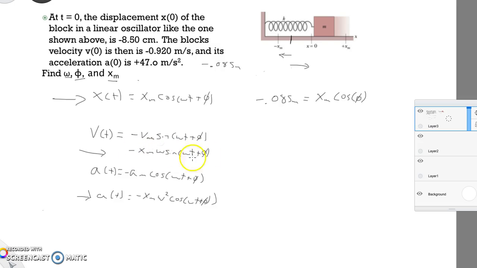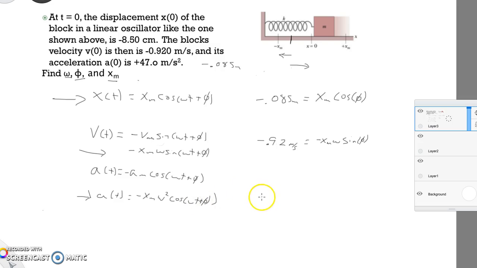And from our velocity function, our velocity is negative 0.92 meters per second at time 0, which equals negative x sub m omega times sine of phi.